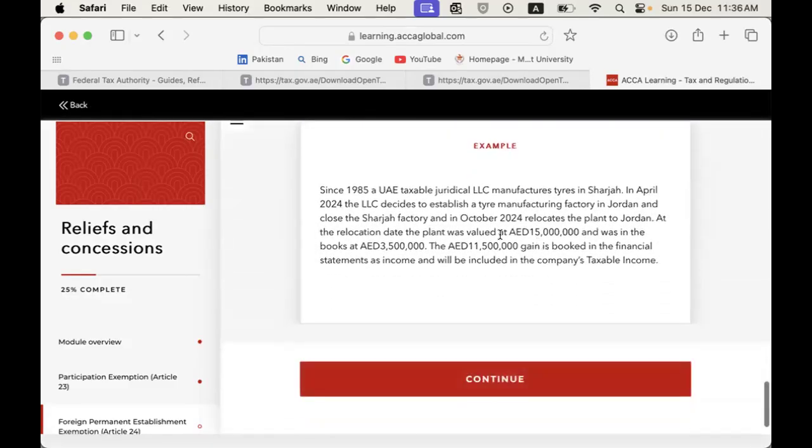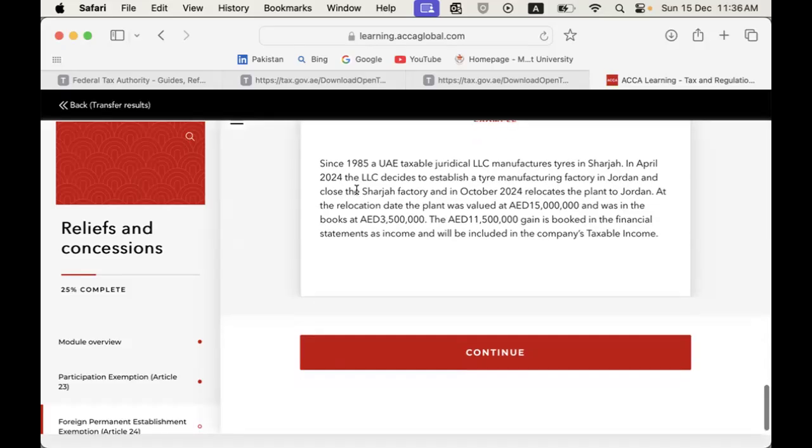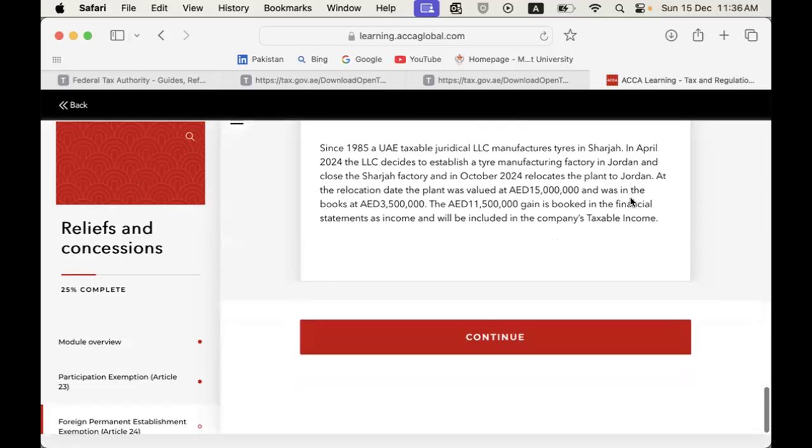Let us look at an example. Since 1985, a UAE taxable juridical LLC manufactures tires in Sharjah. In April, the LLC decides to establish a tire manufacturing factory in Jordan and close the Sharjah factory, and in October 24, relocates the plant to Jordan.